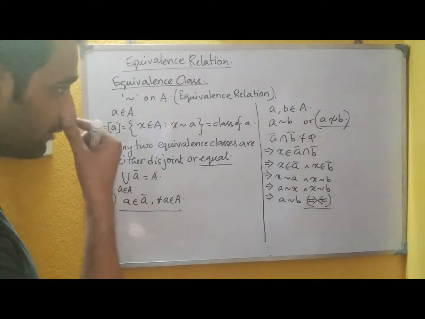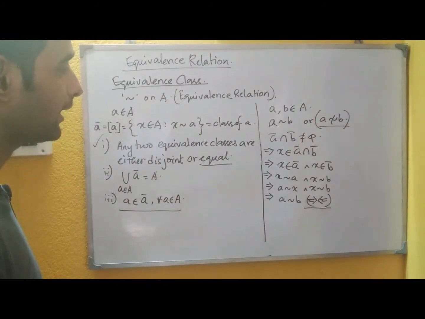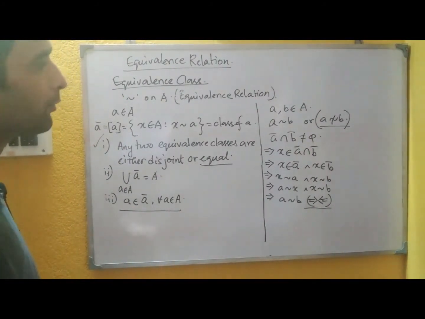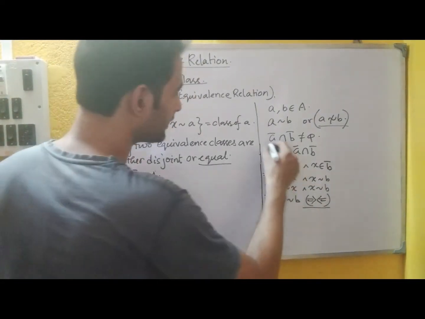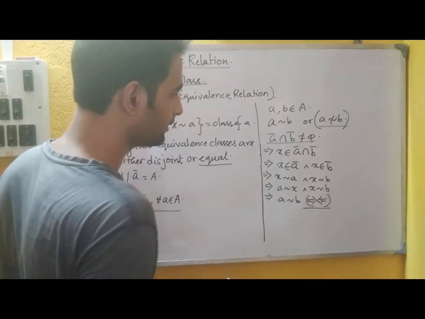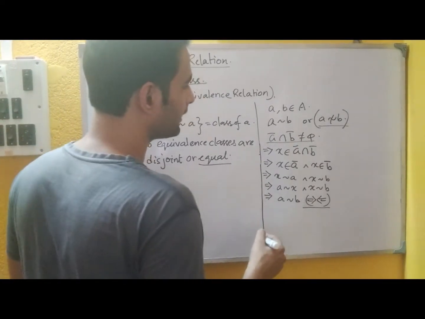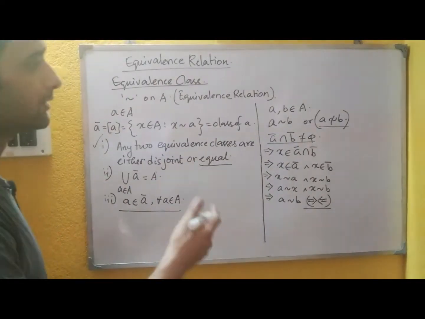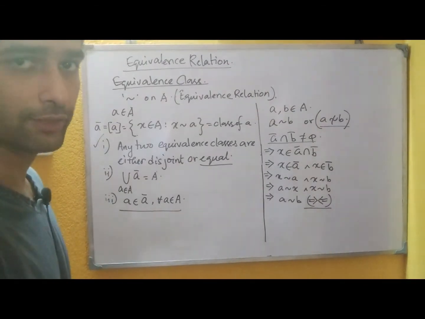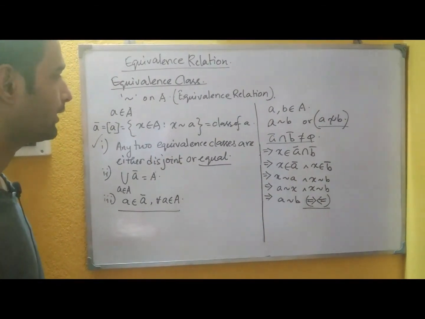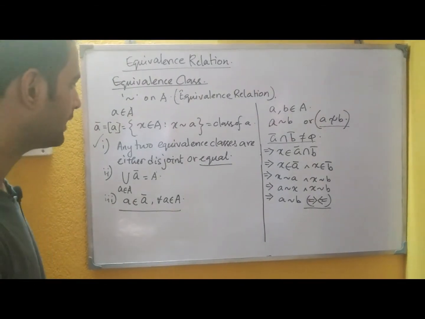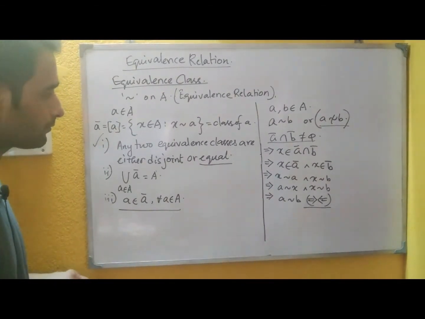So then we can say that if two elements are not related to each other, then their intersection will be phi. That means the classes A and B are disjoint. So this is the way we can see that equivalence classes will be either equal or disjoint.